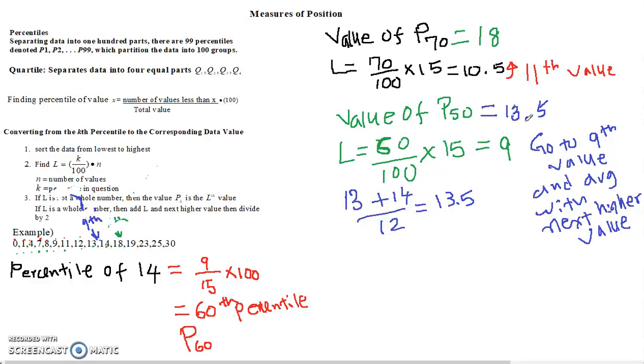But if it's a whole number, then you go to that L value location and find the value, then average with the next higher one, okay? Then that would be the value. Now, you cannot confuse the location value and the actual value there, okay?